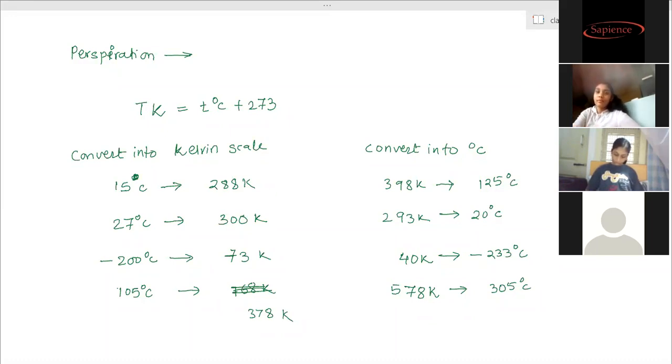Effect of increased pressure on melting point. Melting point increases, no, sorry, it decreases.